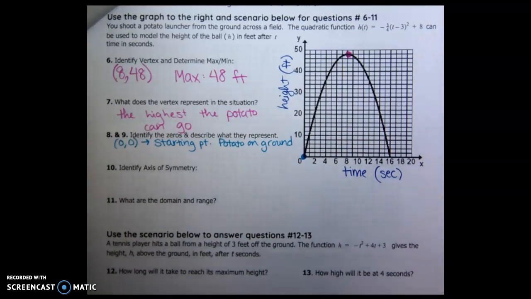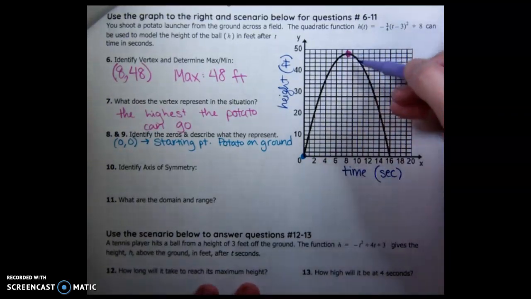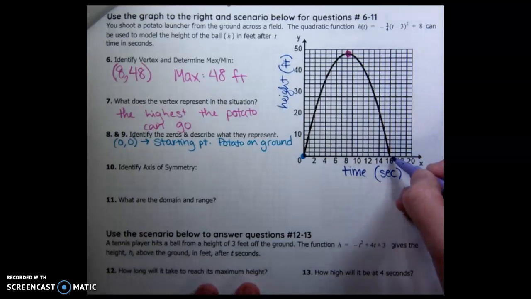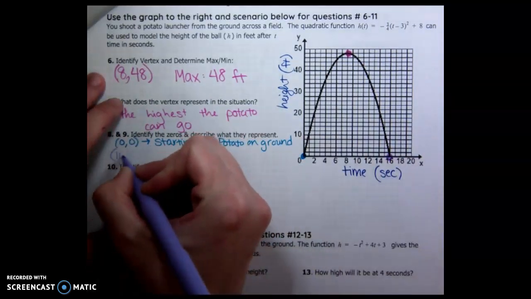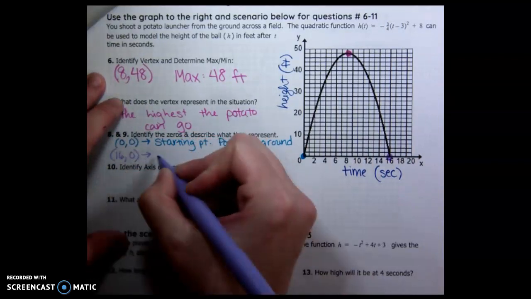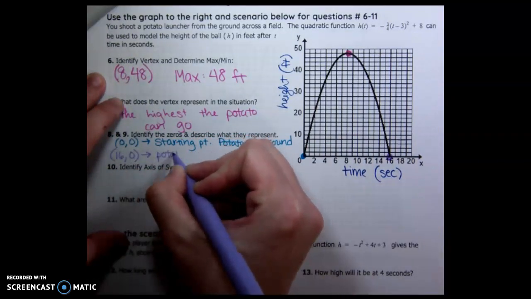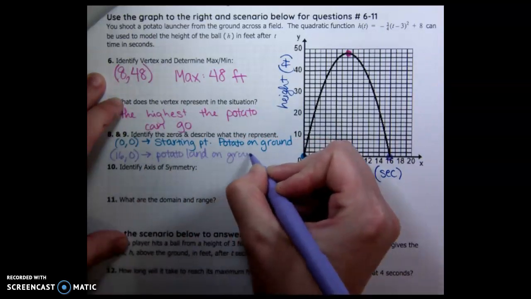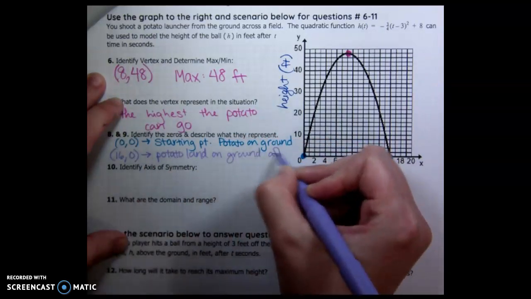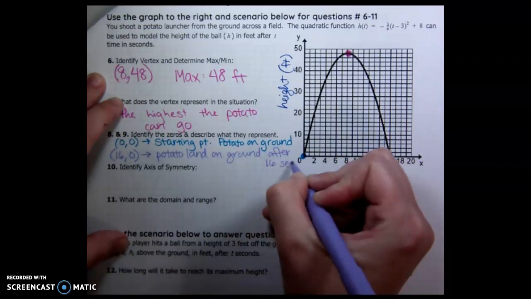Okay, but that's not the only zero, because what goes up must come down. So we launch it, whee, maximum height, comes down, and it lands at (16, 0). So the potato lands on the ground after 16 seconds.